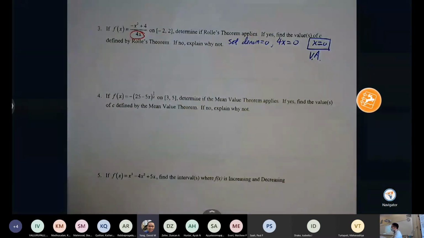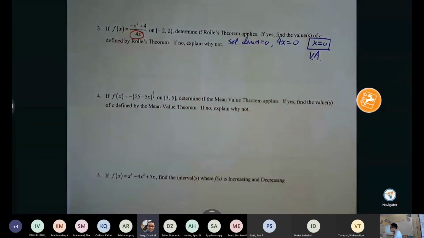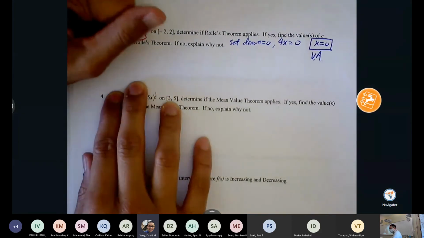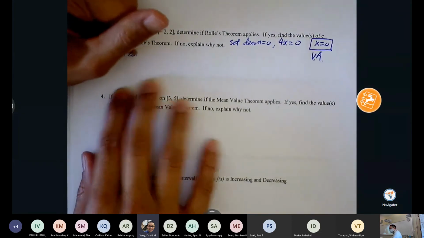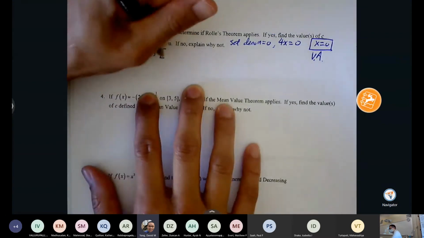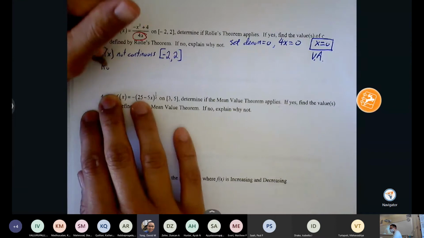Not continuous. So we stop the problem. If it's outside the interval, we move forward. If it's inside the interval, we stop because it fails and there's nothing more to do. So we say our function is not continuous on the closed interval from -2 to 2, Rolle's theorem does not apply.